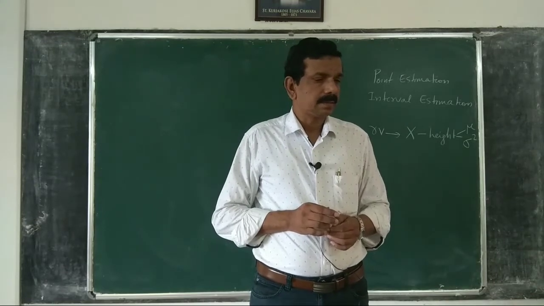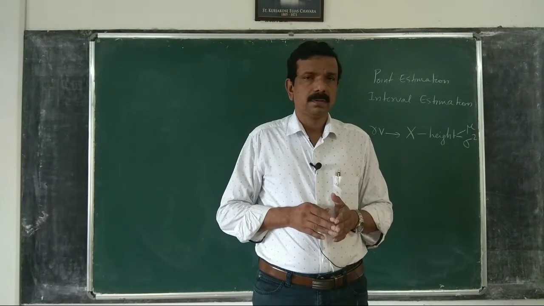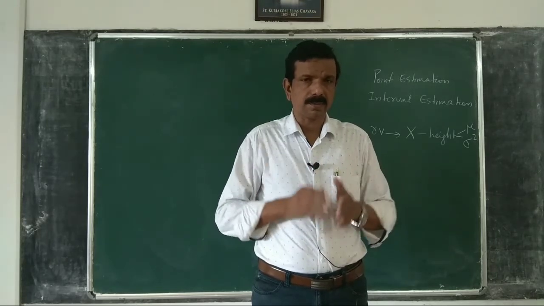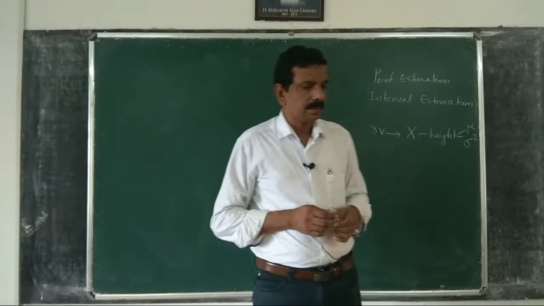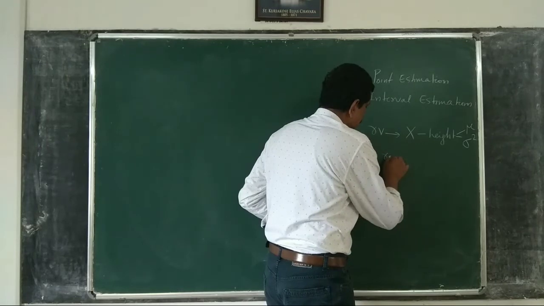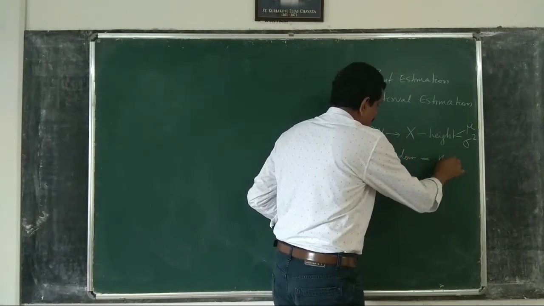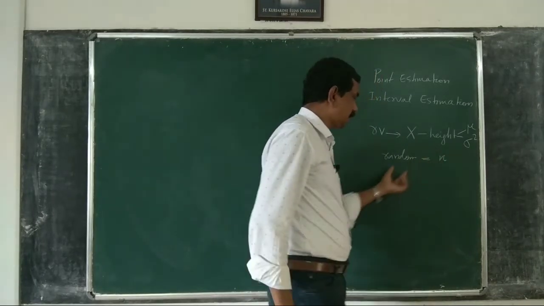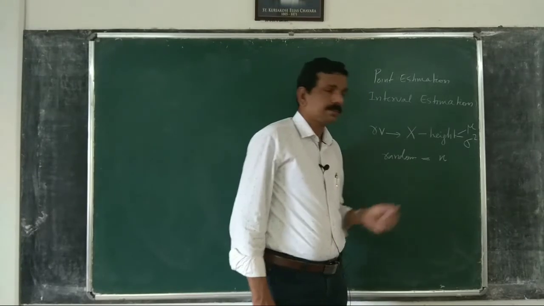So, to estimate these unknown parameters, we assume that the random variable is normally distributed or follows a certain distribution, and we have a random sample of size n from this known population.